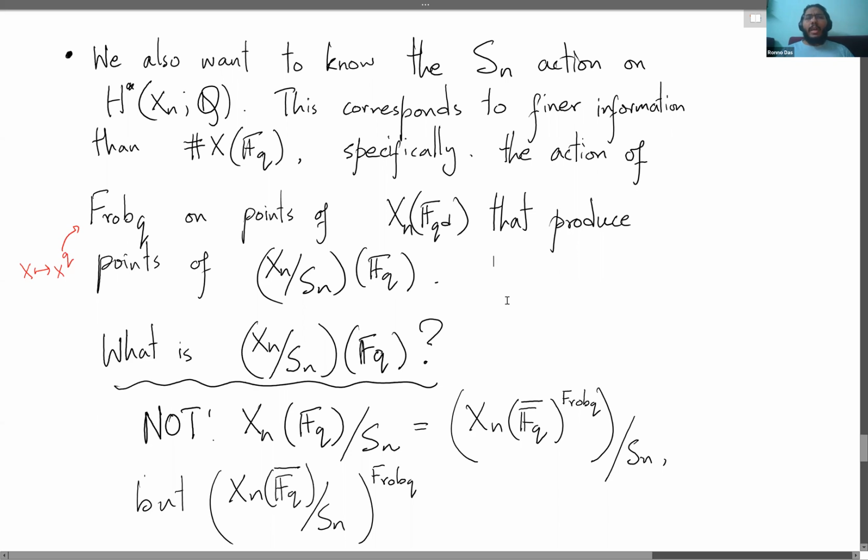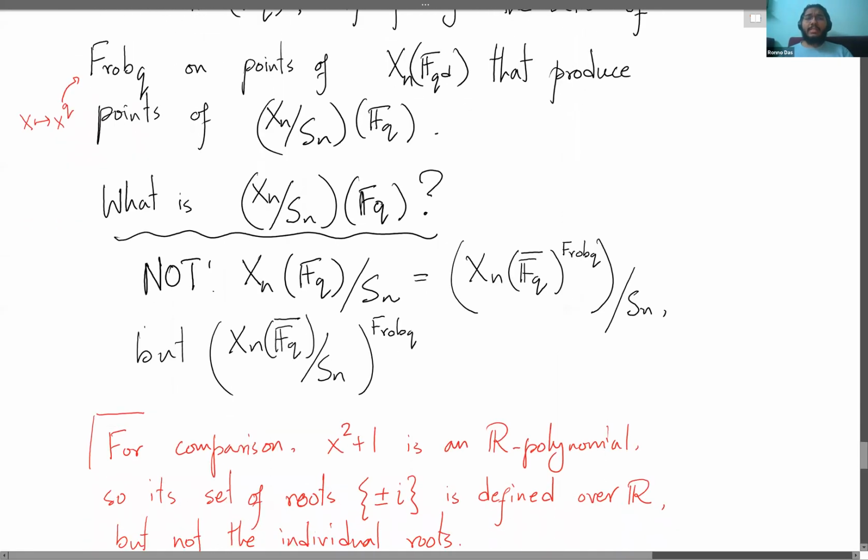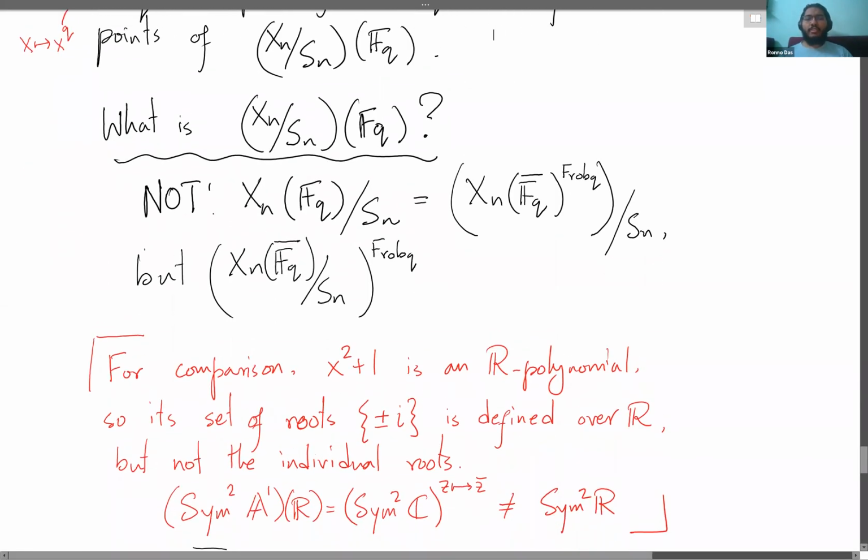So why do I have to look at finite extensions, and what does it mean that a point of this space over Fq comes from finite extensions and not just Fq? What is a point of the quotient defined over a finite field? Well, it's not take the points that are defined over that finite field and go modulo the group action.